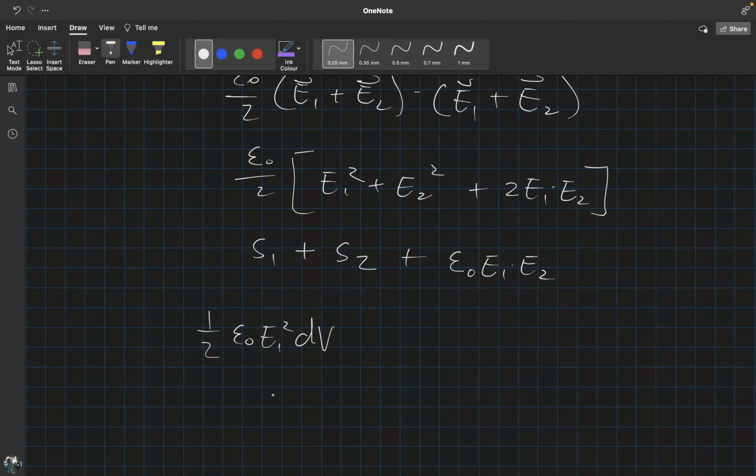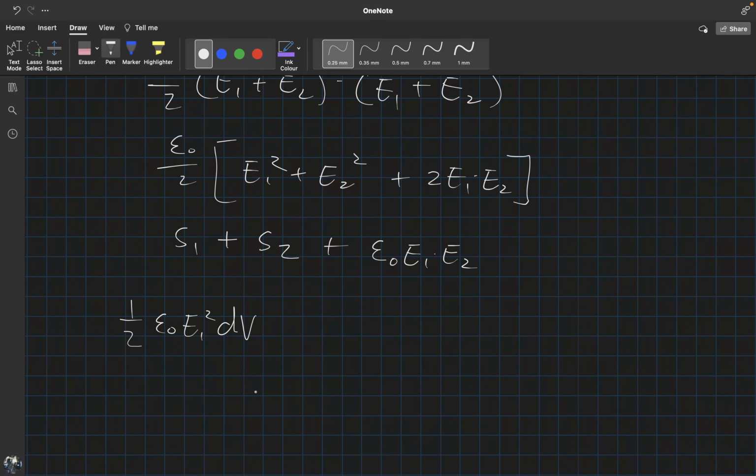And whatever is left, half into 2 E1 dot E2 into dV, will give me the energy of interaction.